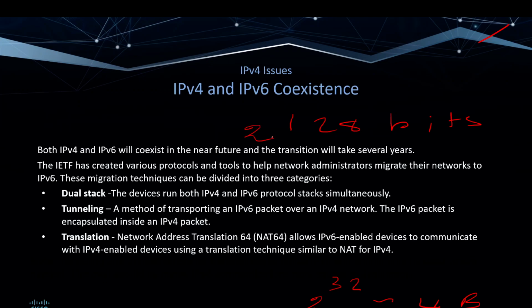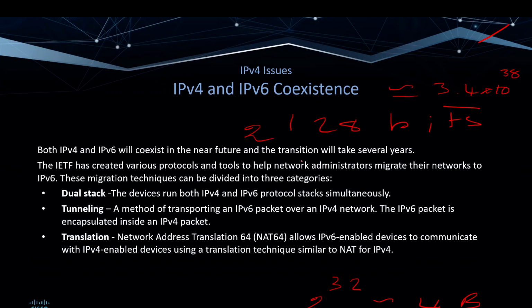So 2 to the power of 128 is approximately 3.4 multiplied by 10 to the power of 38, which means 3.4 undecillion IPv6 addresses. Means that each grain of sand in the universe could get an IP, and there is much more.